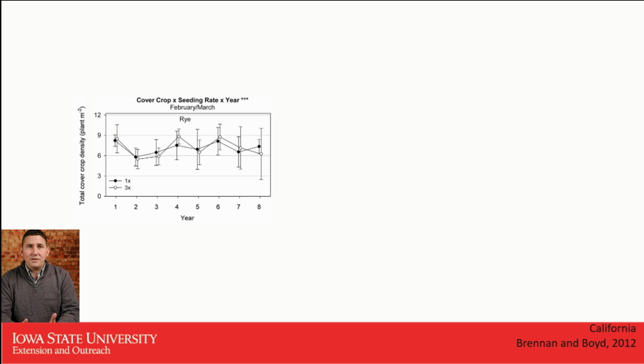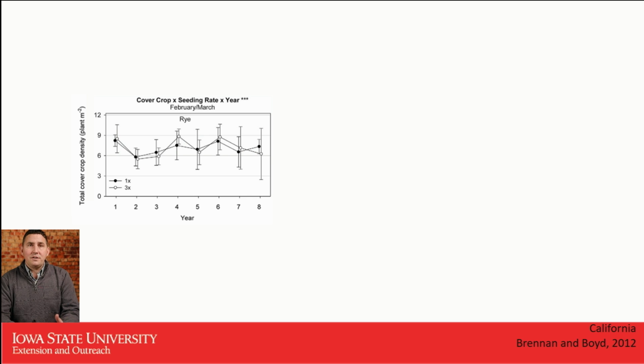The first one is this figure here where he's looking at the crop density in plants per square meter. Don't necessarily get caught up in the units there. The bigger point is looking at the 1x versus the 3x, and what we're talking about is the 1x seeding rate of cereal rye versus the 3x seeding rate of cereal rye. I believe the 1x was about 60 pounds per acre.